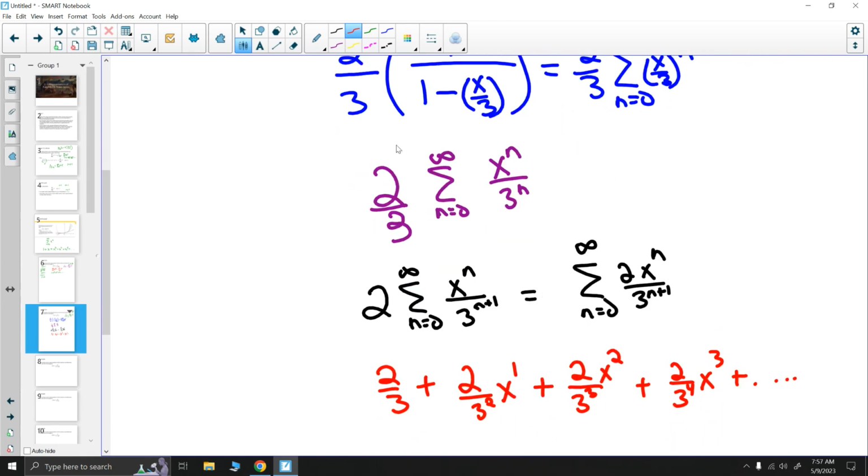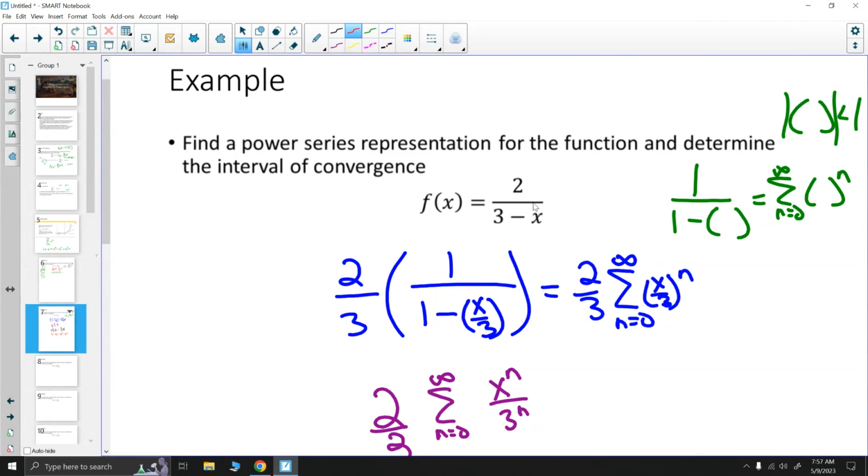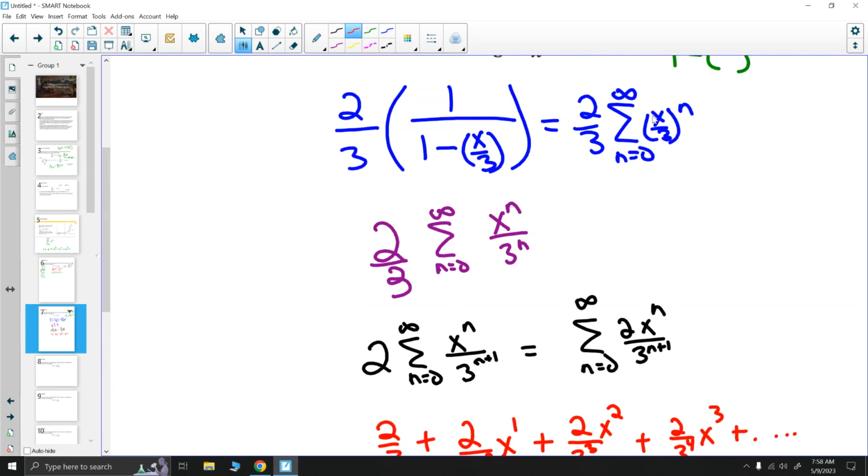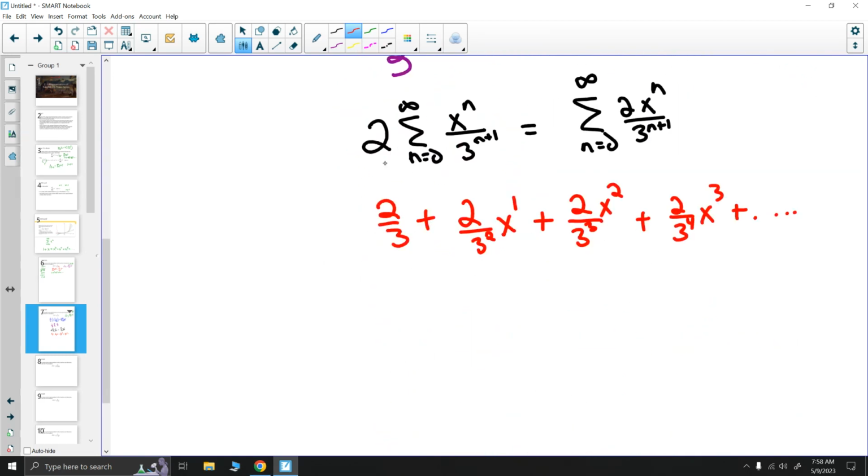So we're saying that this thing here is a power series representing this function. And again, we need to check that, but first let's find the interval of convergence. So we go back to this thing here, x over 3, that's our ratio essentially in a geometric series. So the absolute value of x over 3 has to be less than 1.